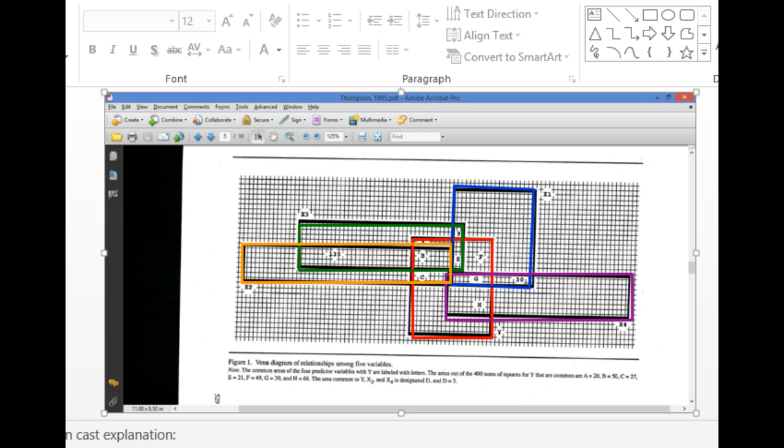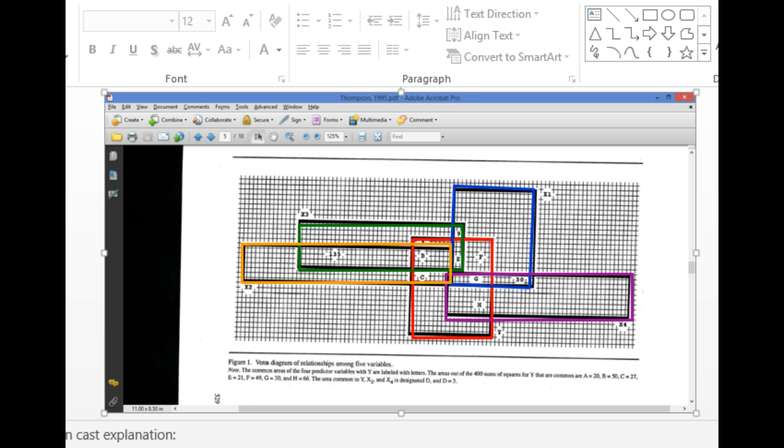So here we have a 4 predictor case, and I have doctored up this illustration with some colors so that it's easier to see. We have a DV that is illustrated as the red box, so that's our Y variable. And then we have these other predictors around it explaining variance in it.